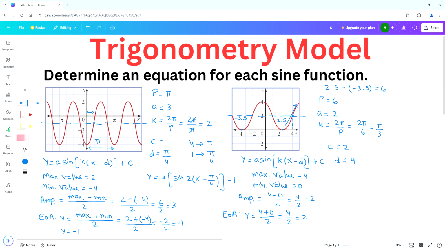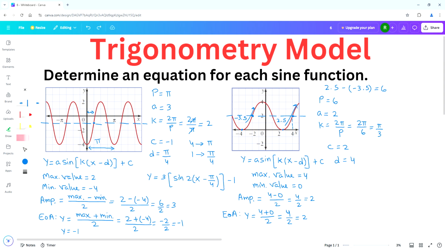We could have also analyzed this point here that lies on the curve and the midline, and this part of the curve also goes up as we go from left to right along the curve. We can use either of these 2 points to identify the phase shift. The equation of the function will be considered correct.